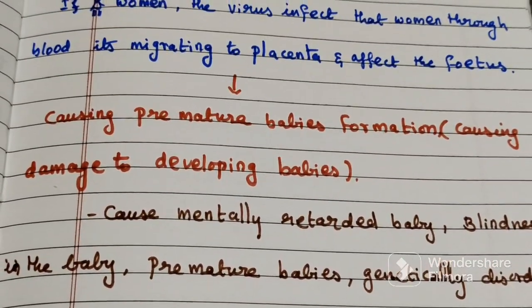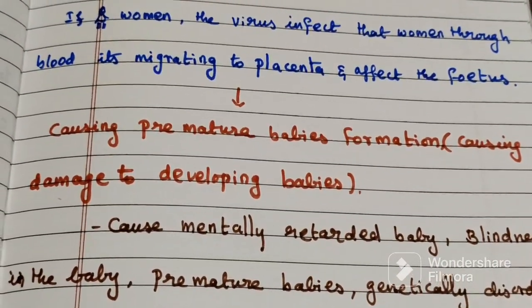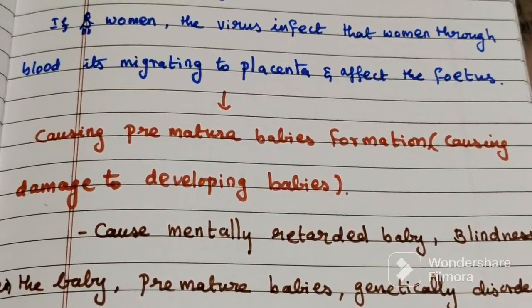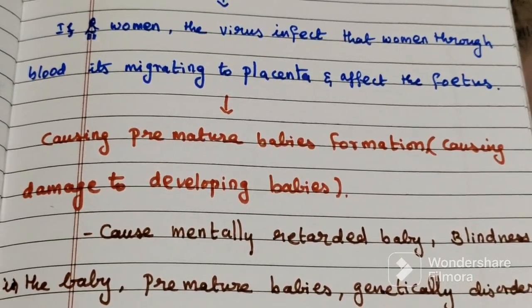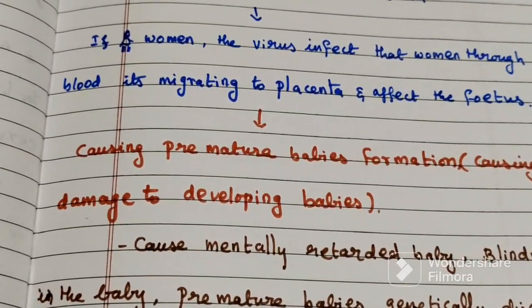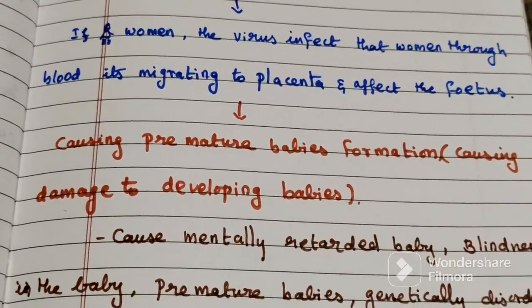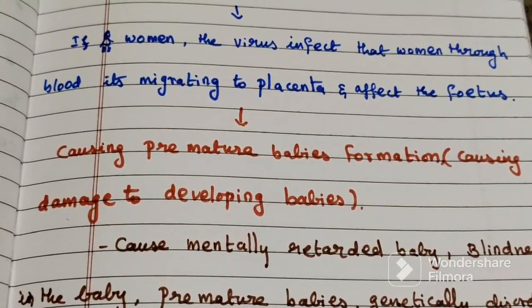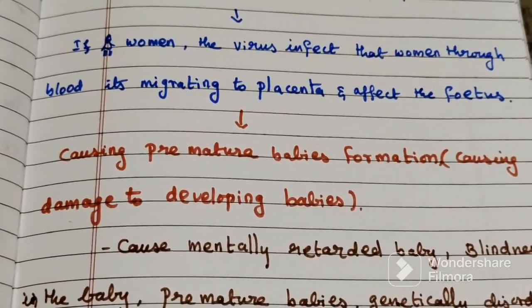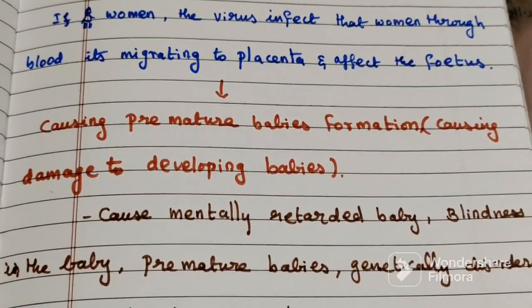There may be two types of infection. One is prenatal, the other is postnatal infection. Prenatal means during pregnancy itself, vertical transmission. Postnatal means after the baby's birth through some environmental factor. That means through tablet it will affect children.